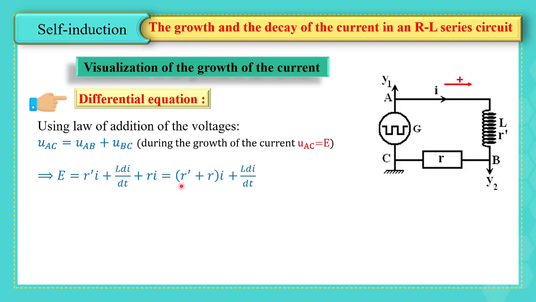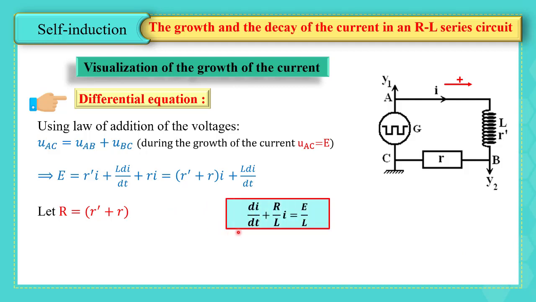So E will be equal to (R prime plus R) times i plus L di over dt. Now let R capital be equal to R prime plus R, so we will obtain di over dt plus R over L times i equals E over L, of course after we divide by L.